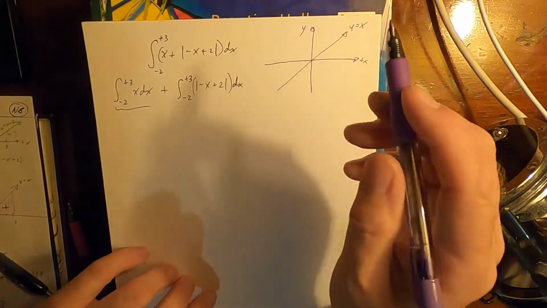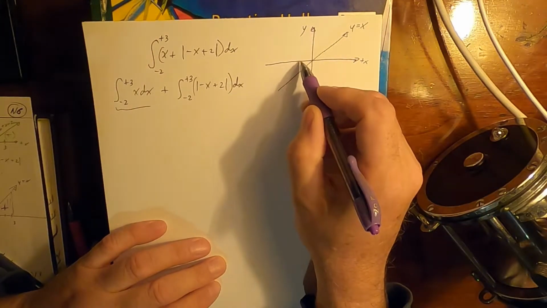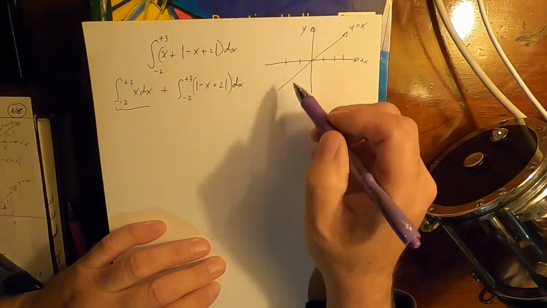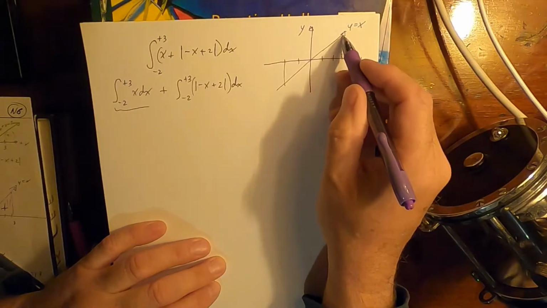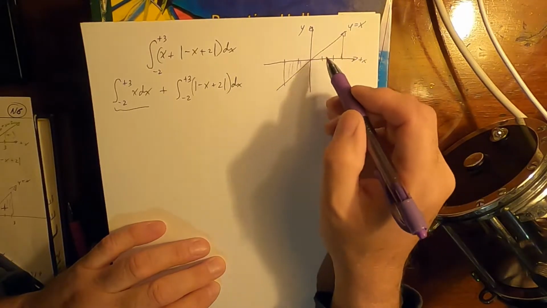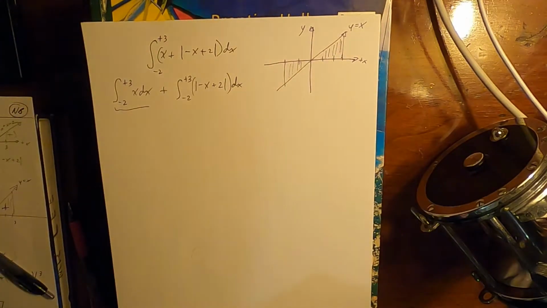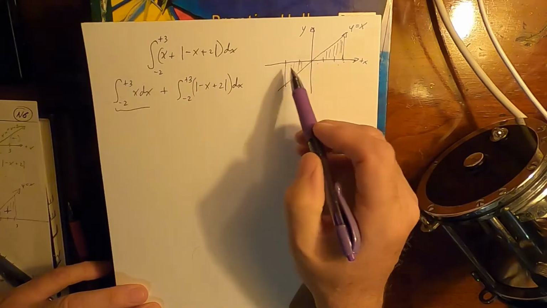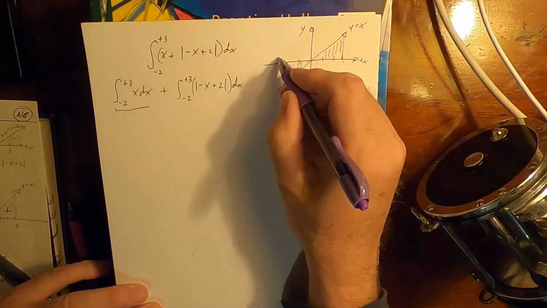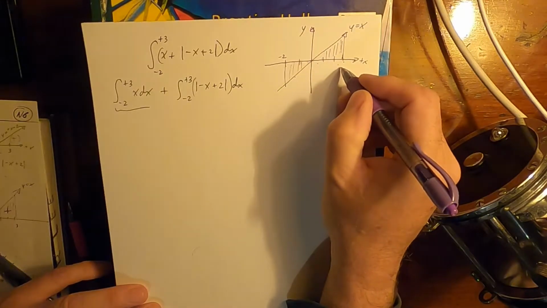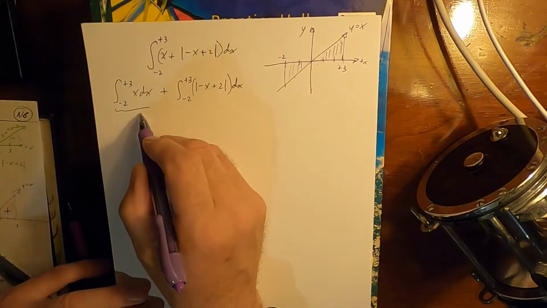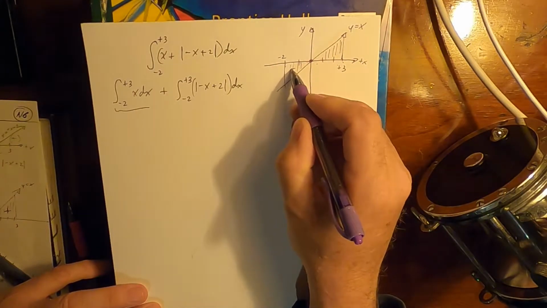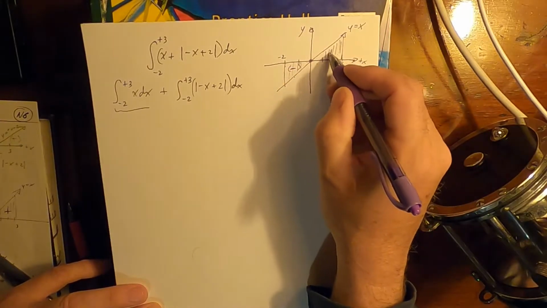When I go from 1, 2, and 1, 2, 3, I'm looking at this area here, and this area here. So there are two areas to be encountered, but we're out 3 in the positive direction, and only out to negative 2 in the other direction. So I'm assuming this integral is going to give us some positive value, but I have to let you know that there is some negative value here. This is going to be a negative area, and this is going to be a positive area.